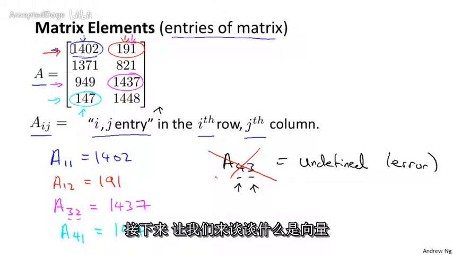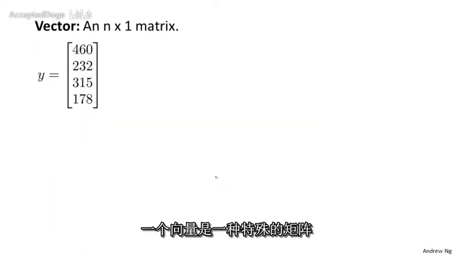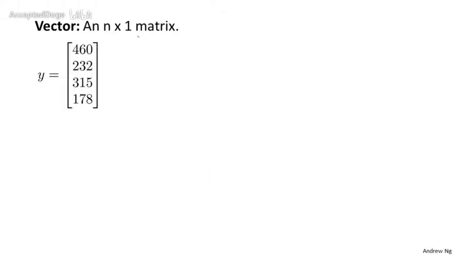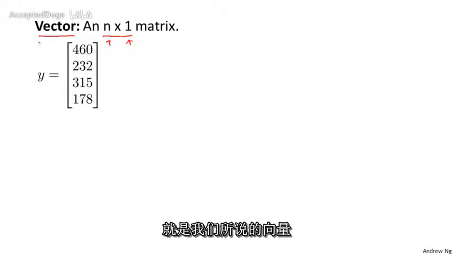Next, let's talk about what a vector is. A vector turns out to be a special case of a matrix. A vector is a matrix that has only one column. So if you have an n by 1 matrix, remember, n is the number of rows, and 1 here is the number of columns. So a matrix with just one column is what we call a vector. Here's an example of a vector, with n equals 4 elements.